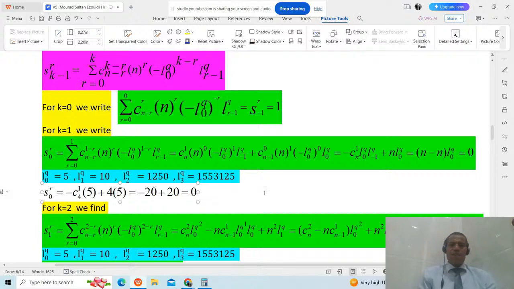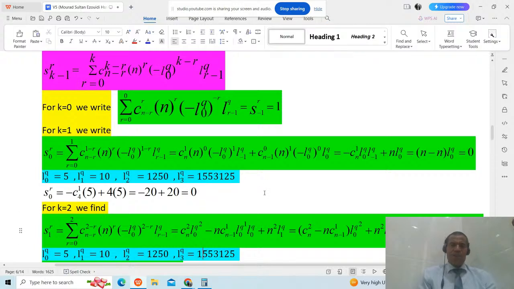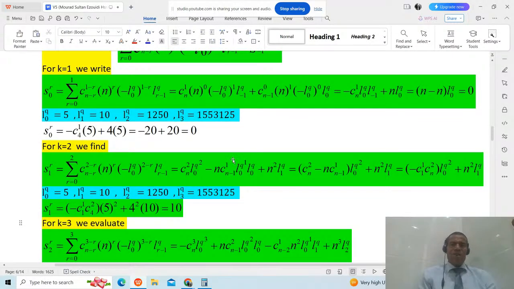Now the next value we should find is S1, learners, as you have the discriminant formula of Murat Sultan.